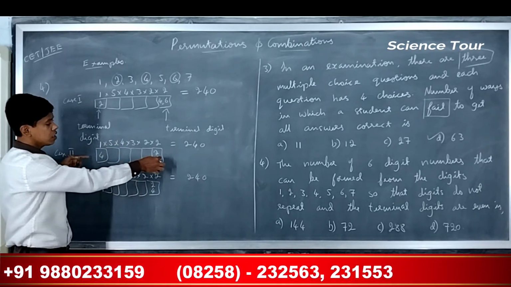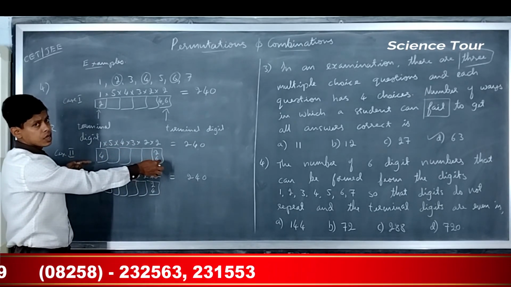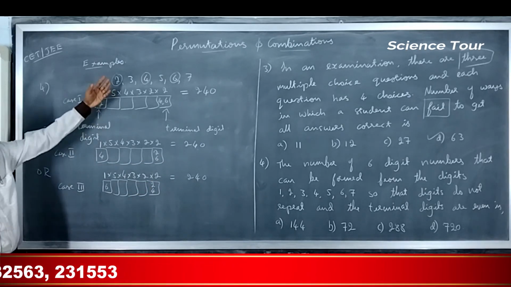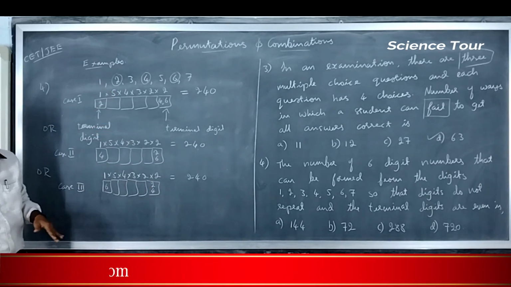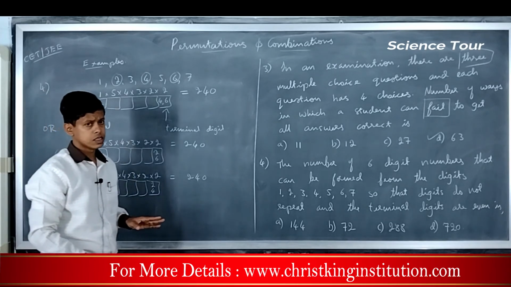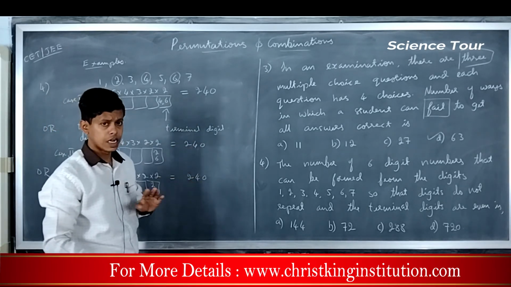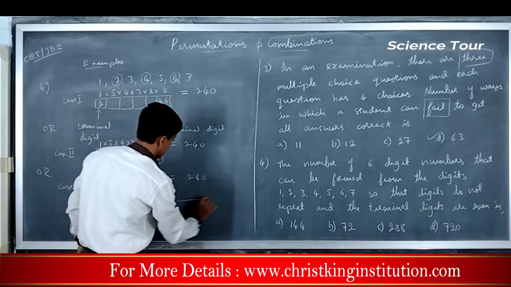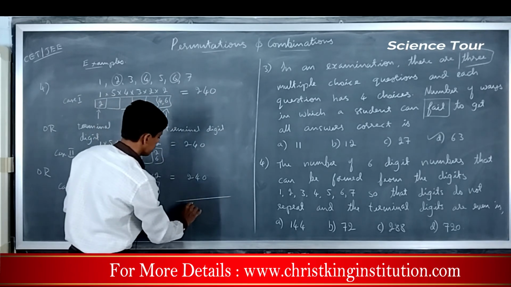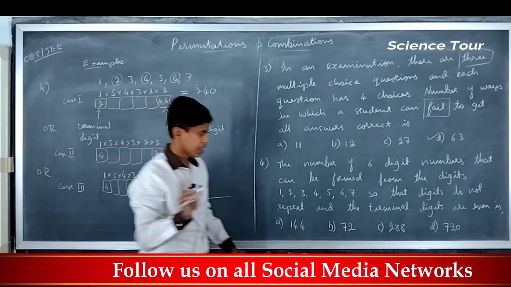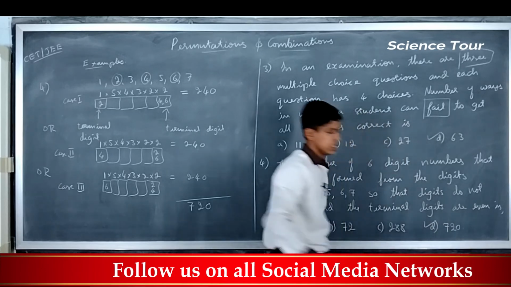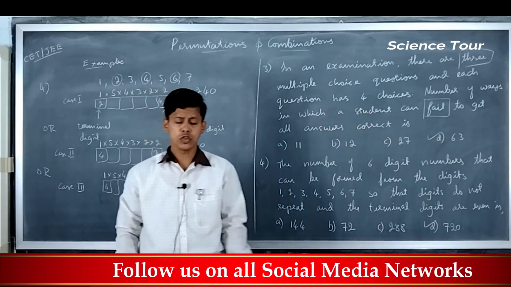When you have and, then only you get 6 digits. Okay, when you have or, you get either that 6 digit or this 6 digit. I hope this is clear. Therefore you must add these and not multiply. So when you add them, what do you get? 720, and that is option D. So option D is the answer for the 4th question.